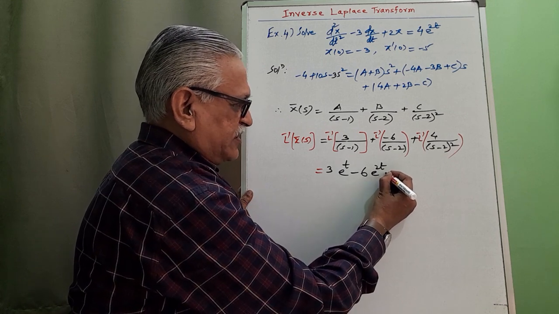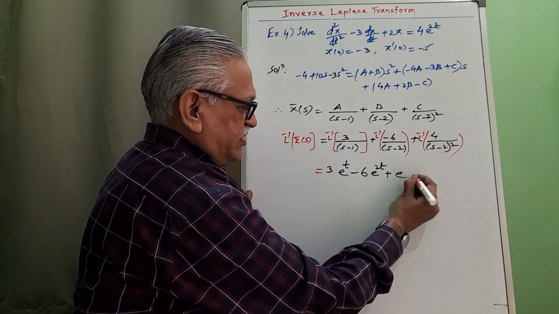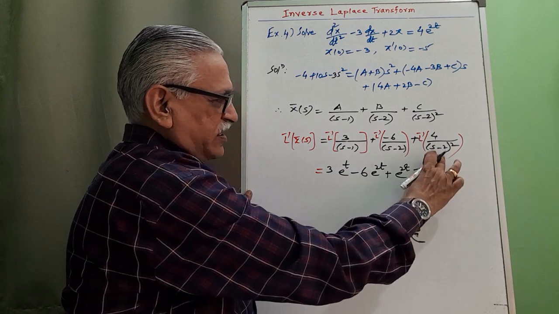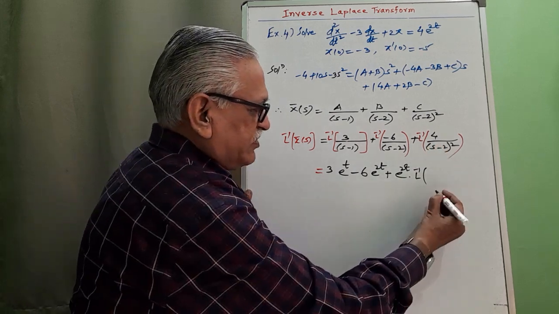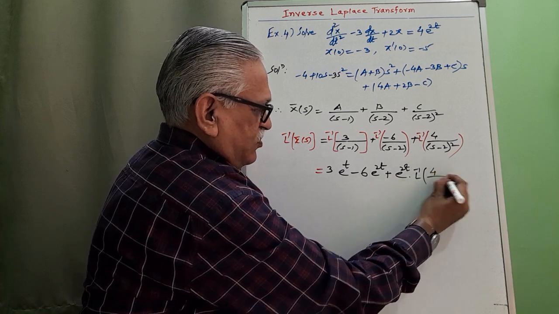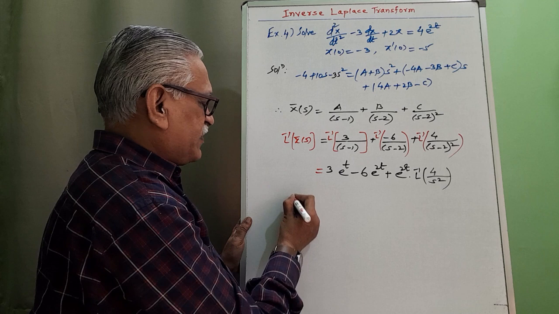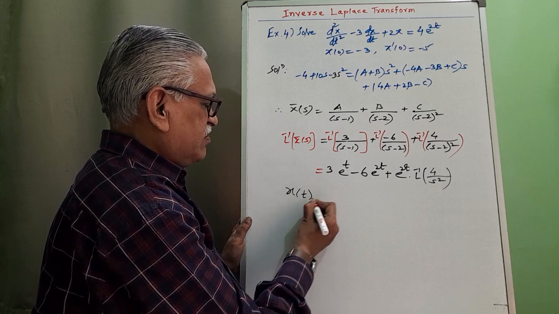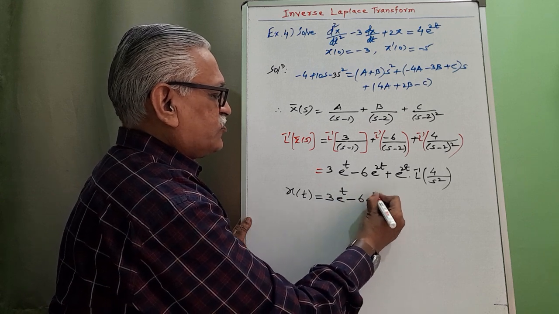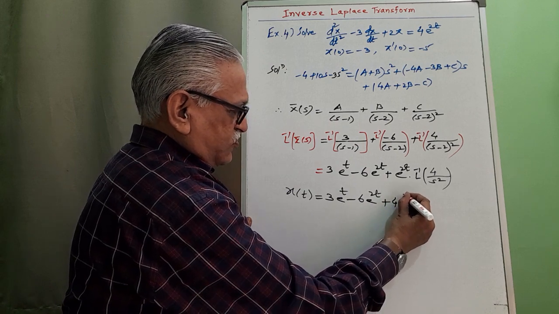As per that shifting theorem, it is e raised to 2t into inverse Laplace of, neglecting 2, remaining term is 4 upon s square. And therefore, inverse of left hand side is x of t, 3 e raised to t minus 6 e raised to 2t plus 4 times e raised to 2t.